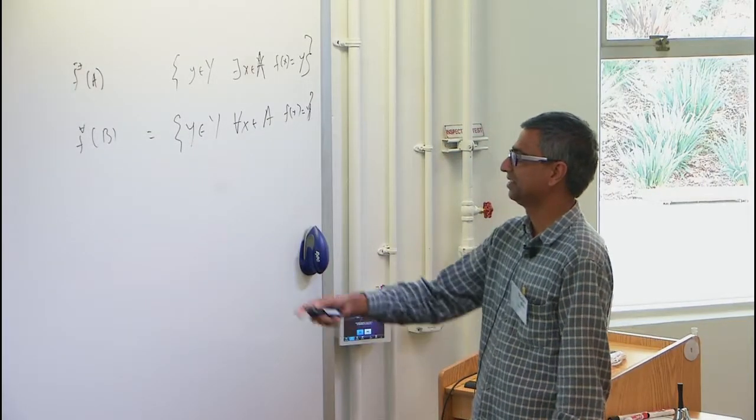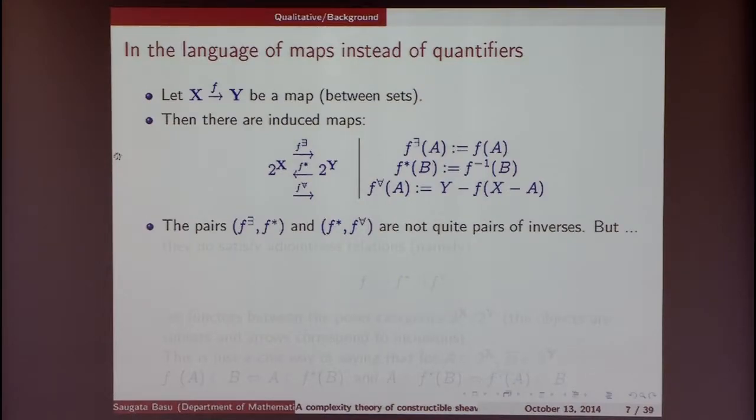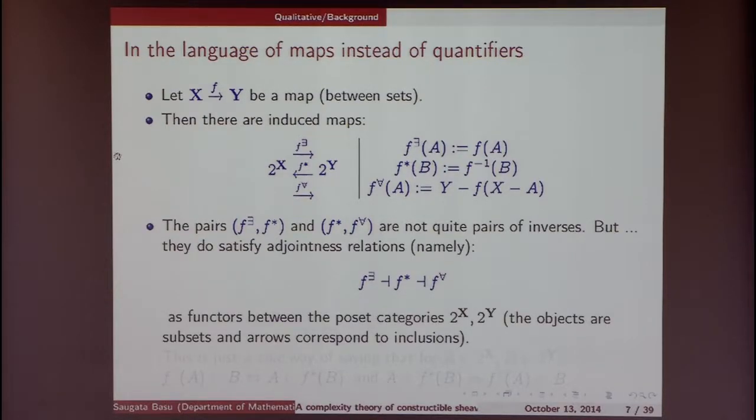But these are in opposite directions, so you might be tempted to say that they are inverses, but they are not quite. They are somewhat inverses in the sense that they satisfy an adjointness relation. I'm now thinking of these maps as functors. Don't be afraid of this word.